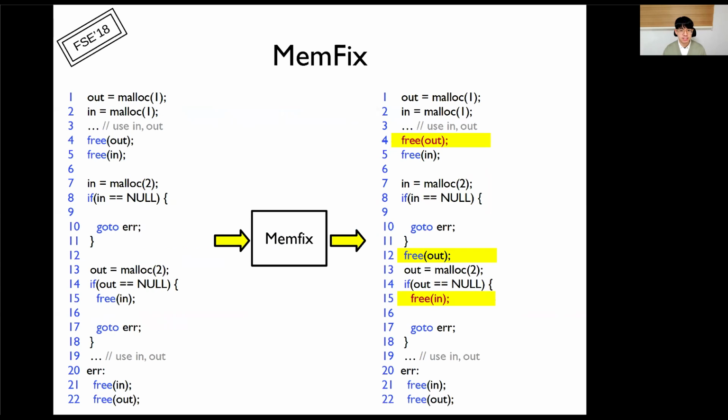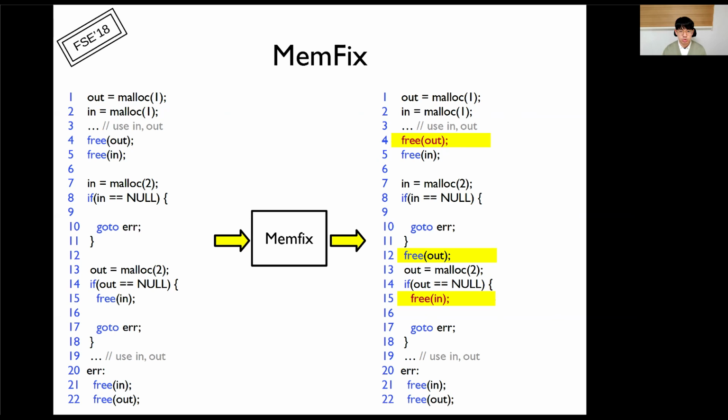So MemFix fixed the double free errors with two simple changes from the original code. First, it removes the free of in from line 15 and moves the free of out from line 4 to line 12.